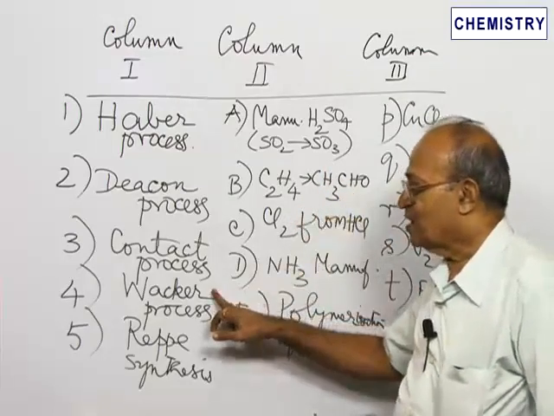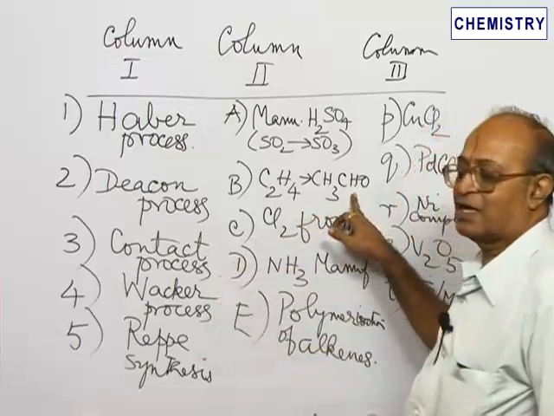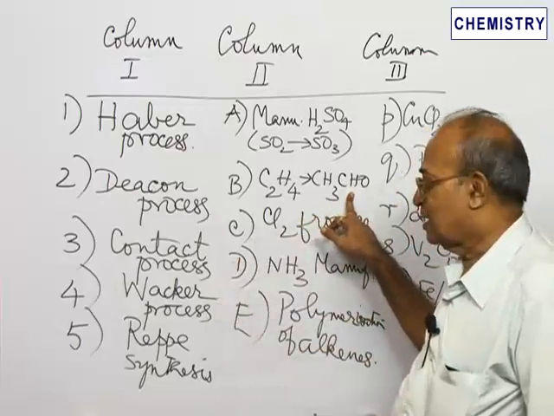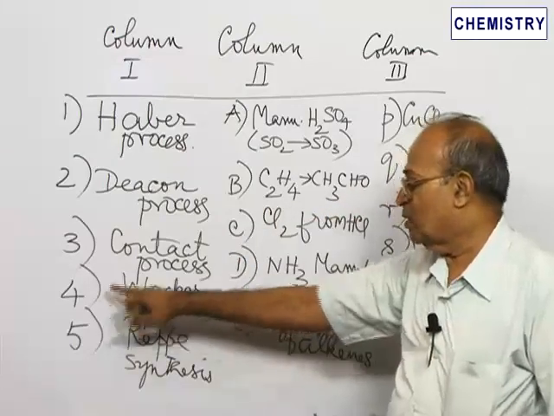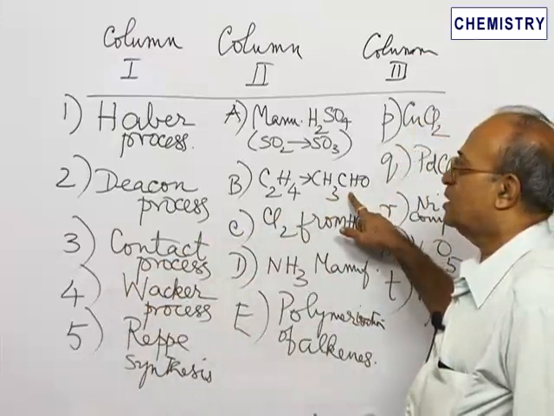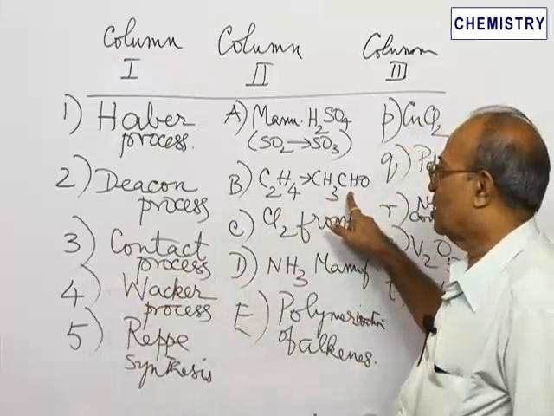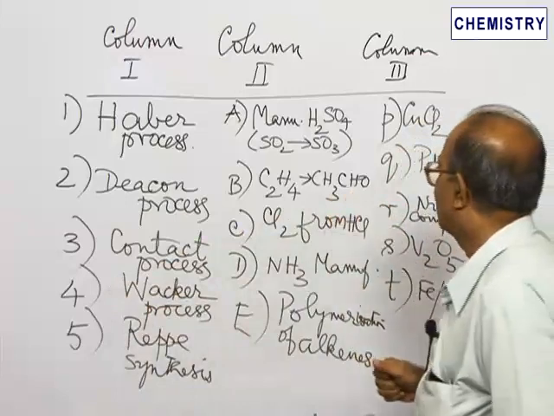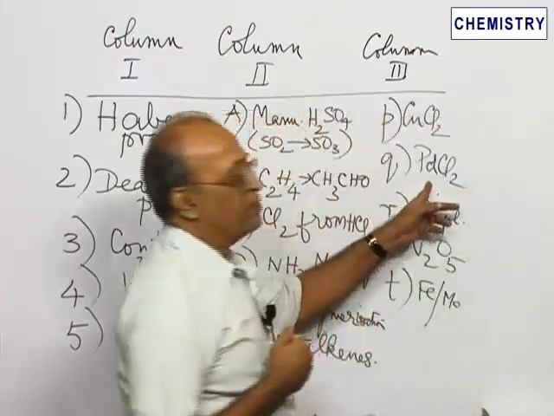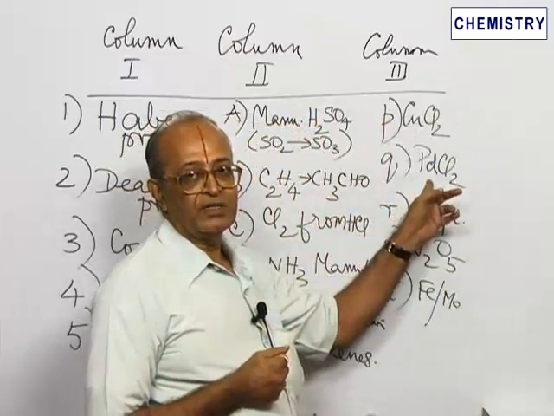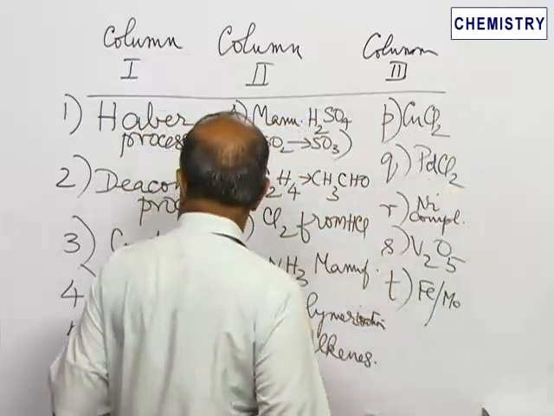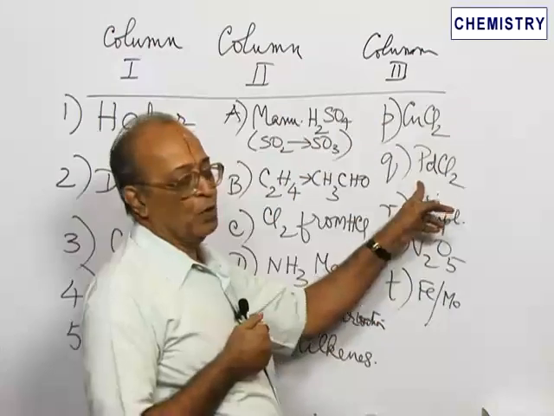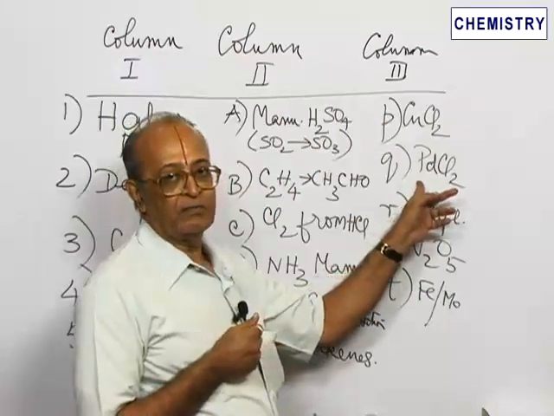So, Wacker process is conversion of unsaturated hydrocarbons into aldehydes. So, 4 in column 1 is linked to B in column 2. And for this we make use of palladium chloride as the catalyst. So, for 4, B and Q, these two are linked.